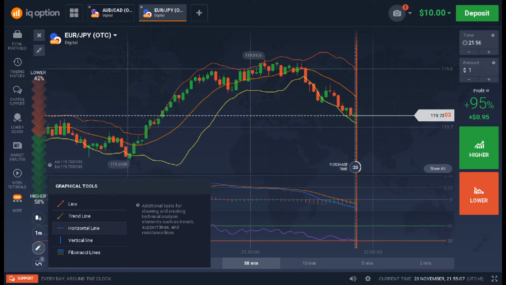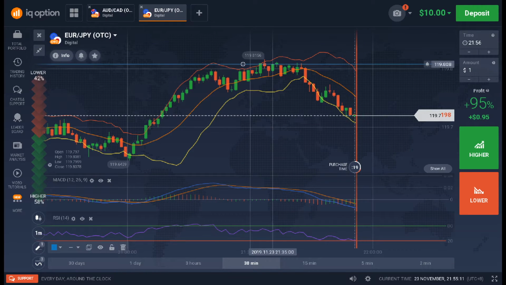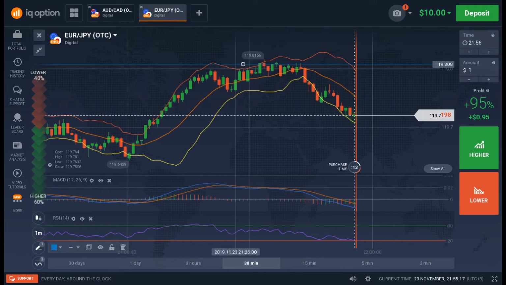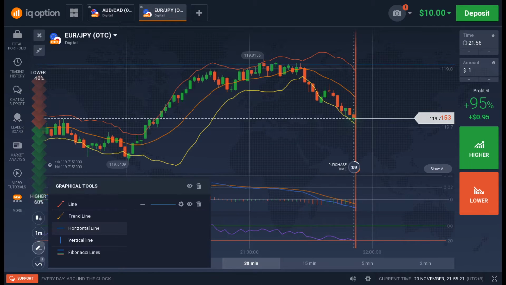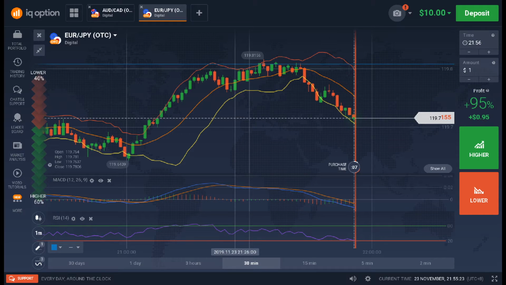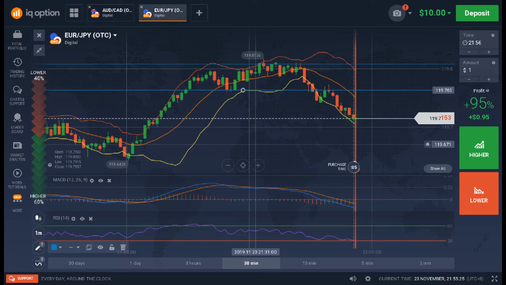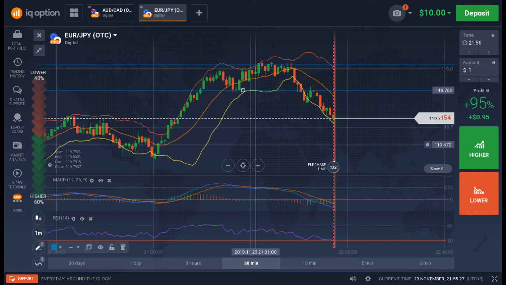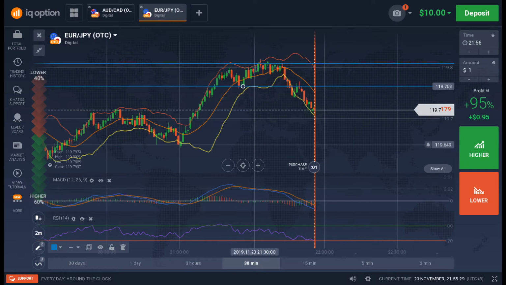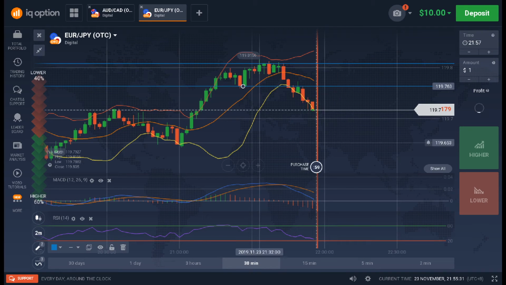So this is a resistance here. Okay. Another area is here. That is another area. So I hope you're also learning from this.